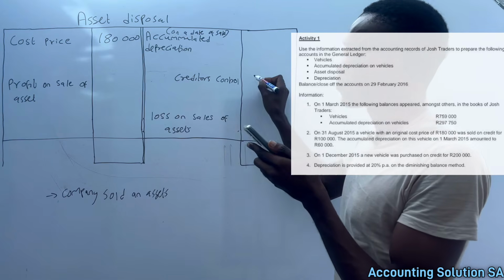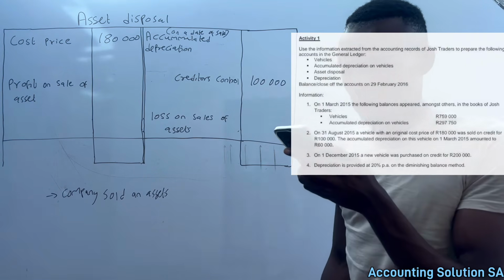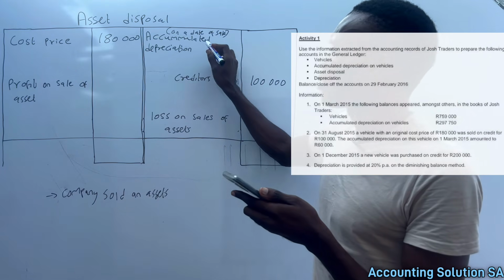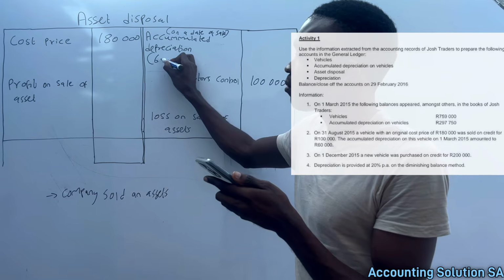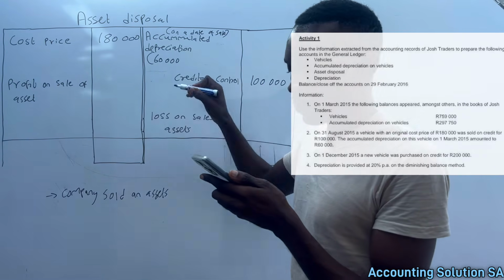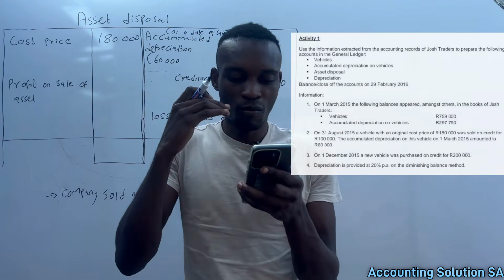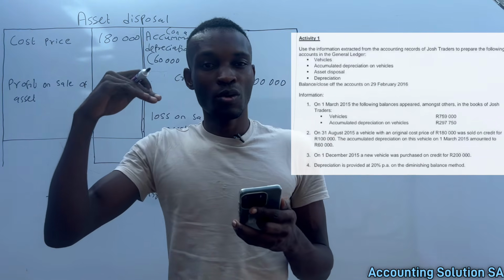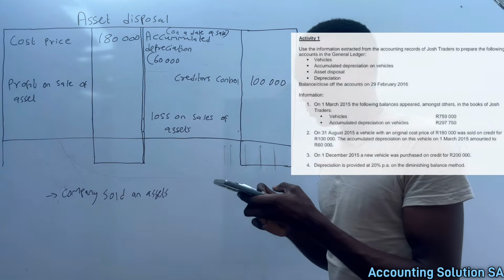And the amount is 100,000. And we have 60,000. This 60,000 is for accumulated depreciation, but it's not complete because it's up to 1 March 2015. We have to calculate another depreciation from 1 March until 31 August, the day that they sold this vehicle.